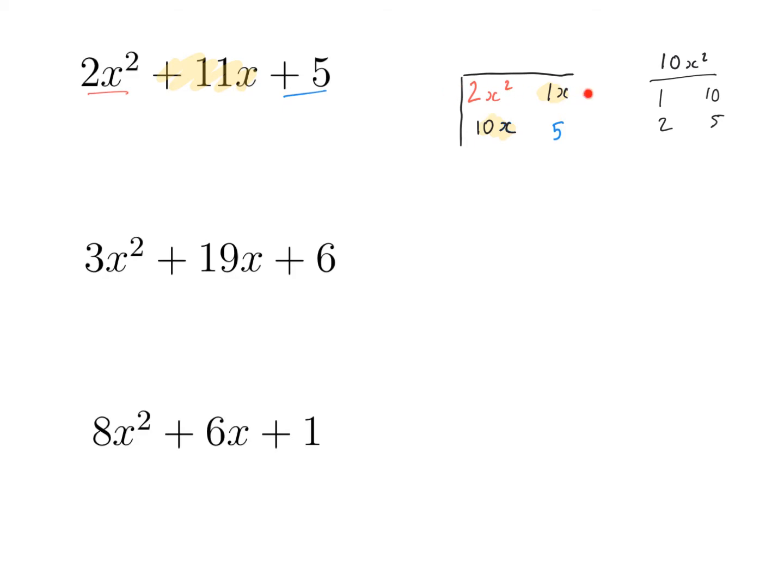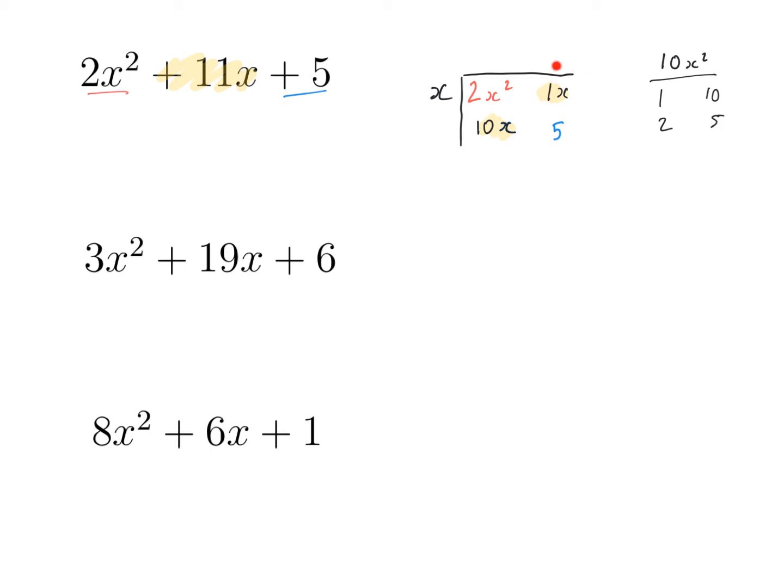Looking along the top, I've got a 2 and a 1, so I've got no number common factor I can take out. However, I've got an x squared and an x, so I can take out a common factor of a single x.